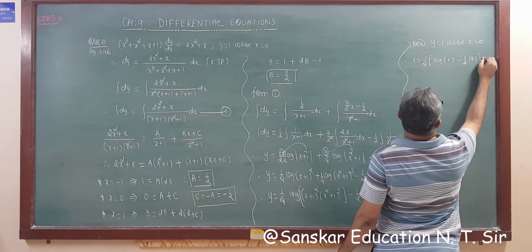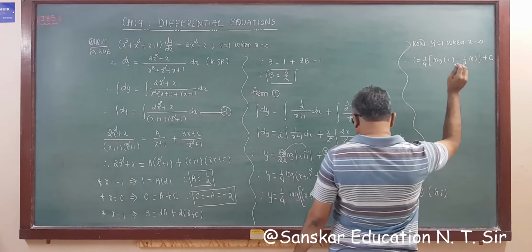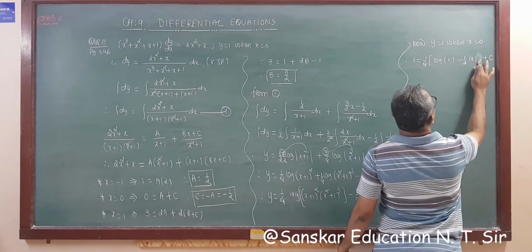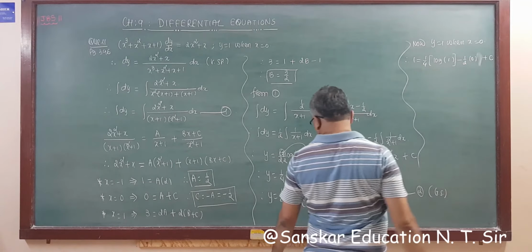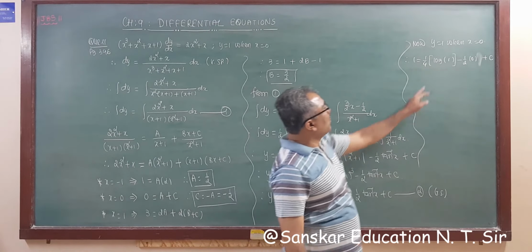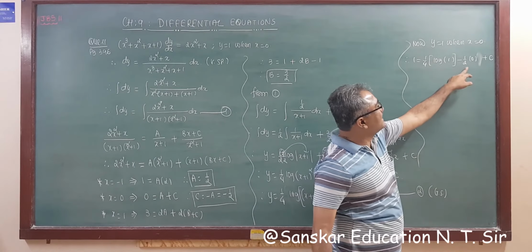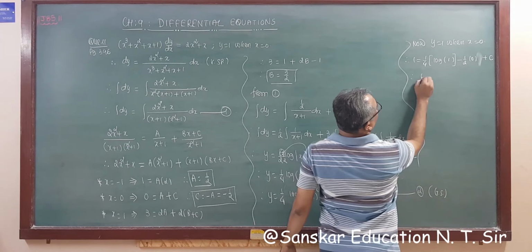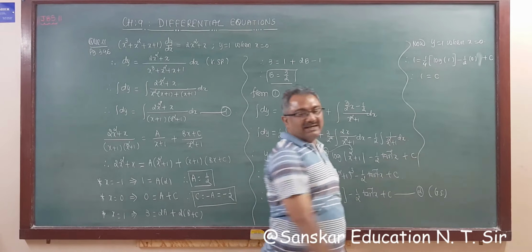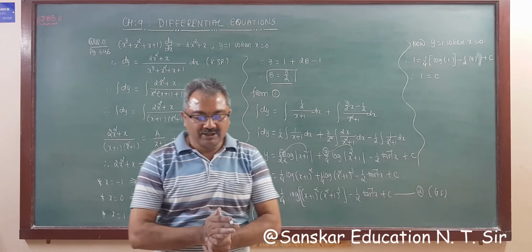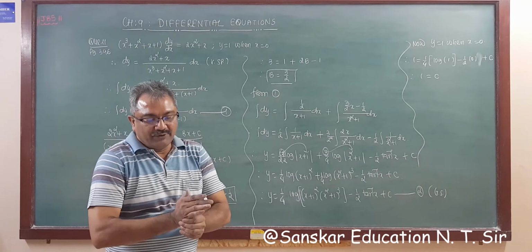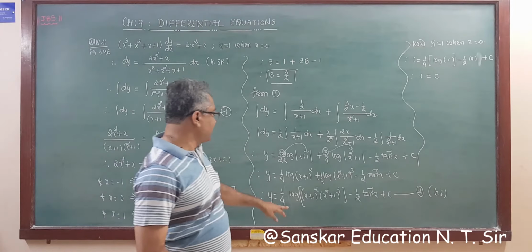And plus c, this bracket is over here, 1 upon 4, right? So log 1 is 0, so everything is 0, so what we get, 1 is equal to c. So what value of c came? 1 came.